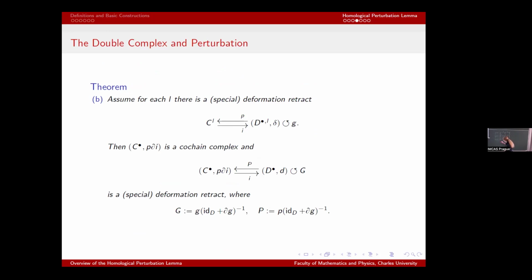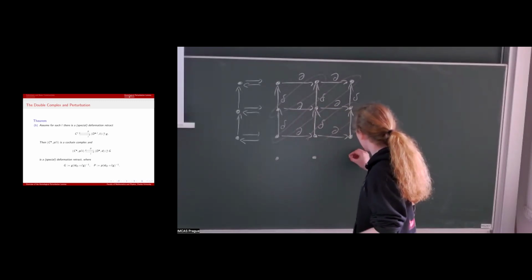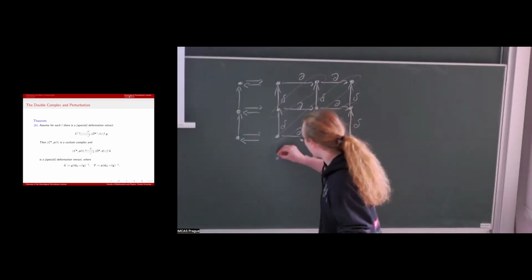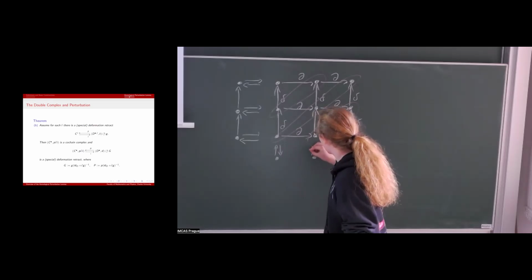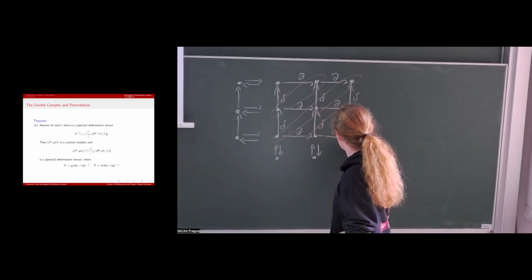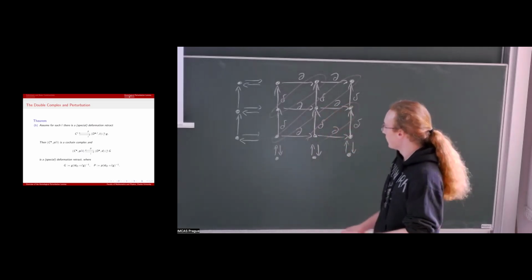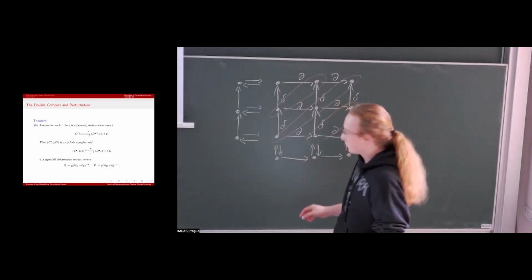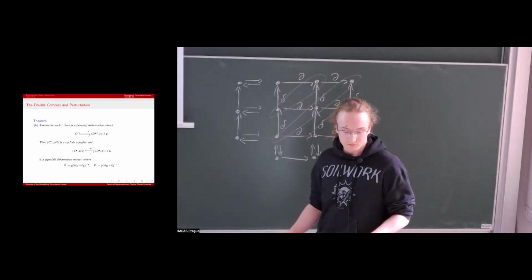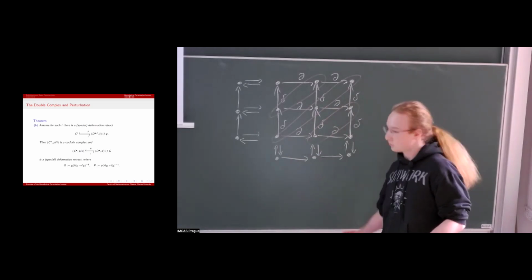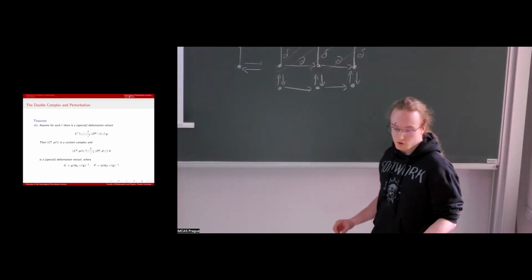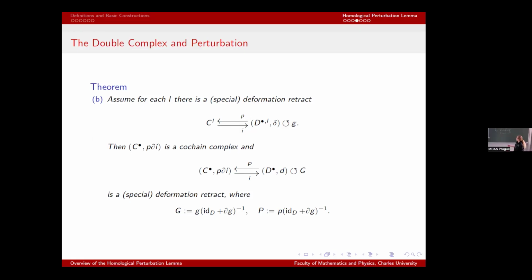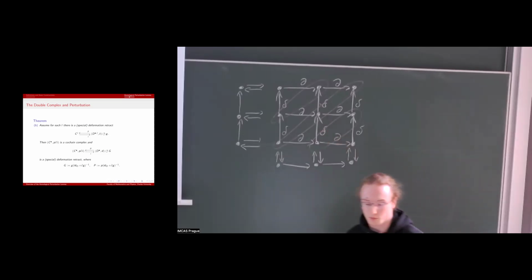So if I have a collection of modules regarded as cochain complexes concentrated in degree 0, and homotopy retracts between them and each column of my double complex, I also have induced differentials between these modules given by this formula, and also some induced maps, which then give me the structure of a special deformation retract between this cochain complex and the total cochain complex of my double complex.